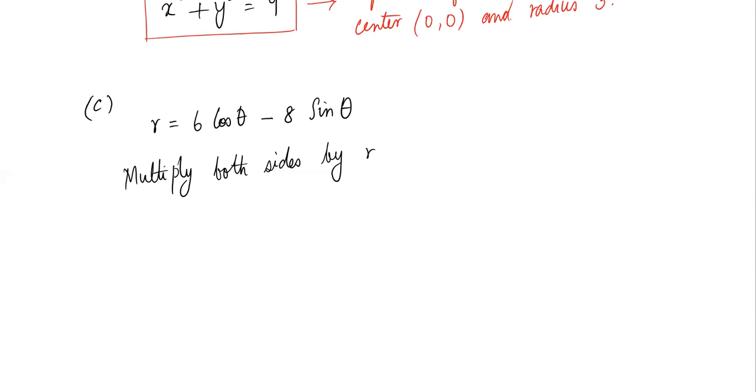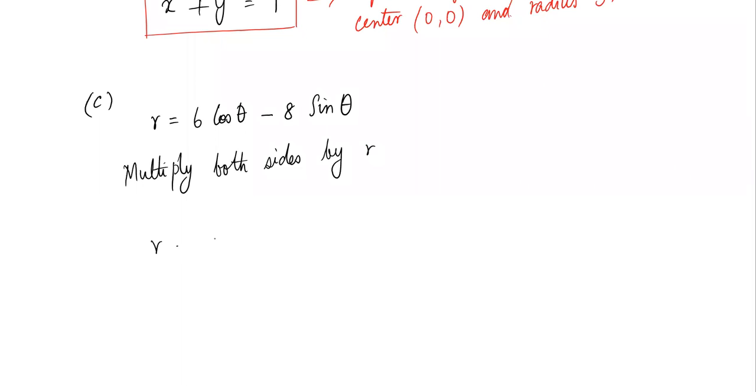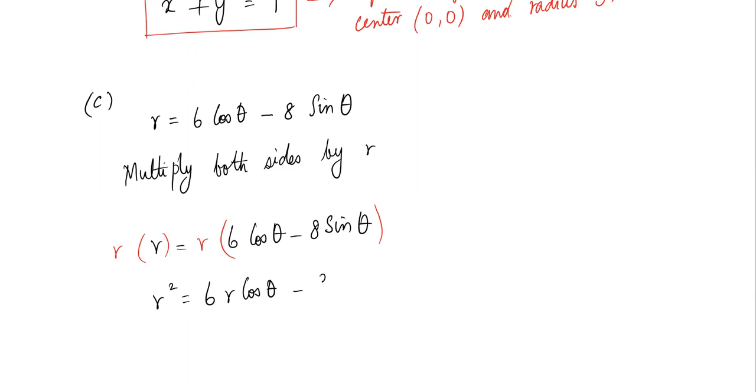And that will be r squared equals 6 r cosine theta minus 8 r sine theta.